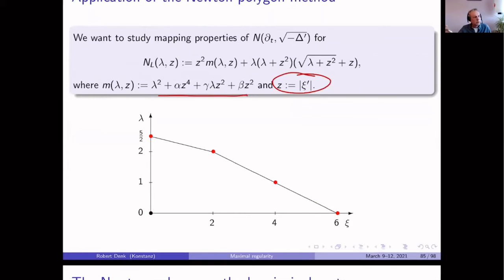And what we do in the Newton polygon machinery, we draw the Newton polygon of this function. It's a complicated function, but you can easily see, for instance, we have here z squared, and here z to the 4. And in this combination, this gives us this point here. And you can also see here we have lambda, another lambda, a square root of lambda. This gives us this point. So this symbol, which is the solution operator, has a Newton polygon. And now we can apply this machinery. It's a scalar equation here. It's a little bit easier. And we know that it's an isomorphism.